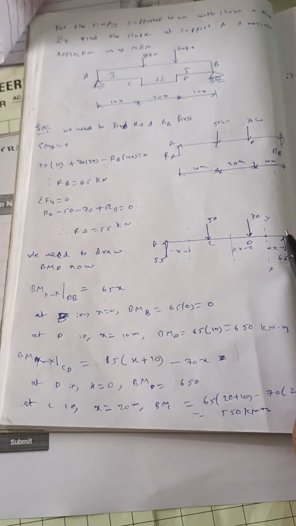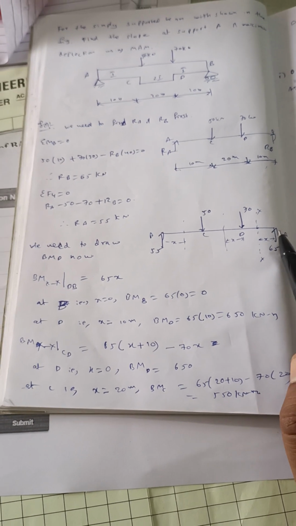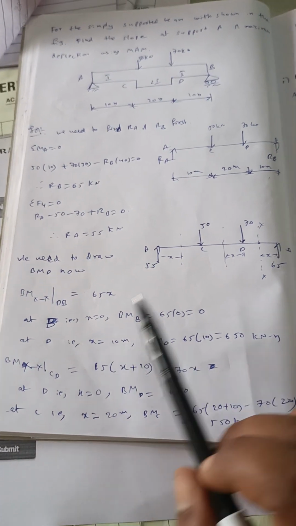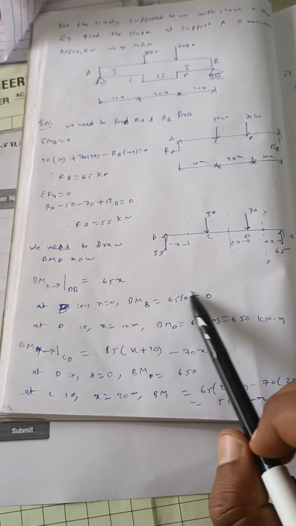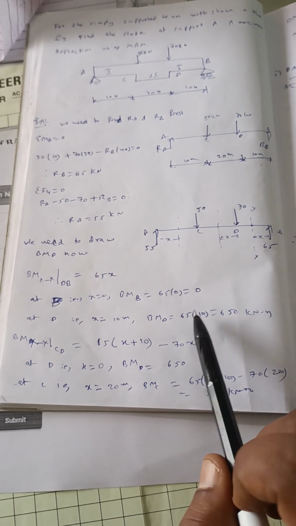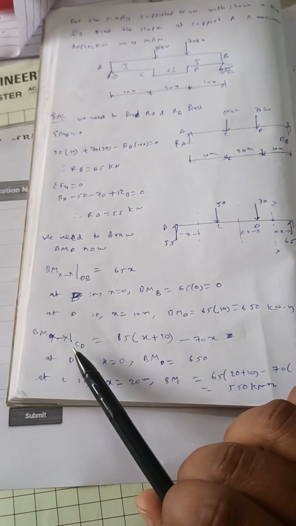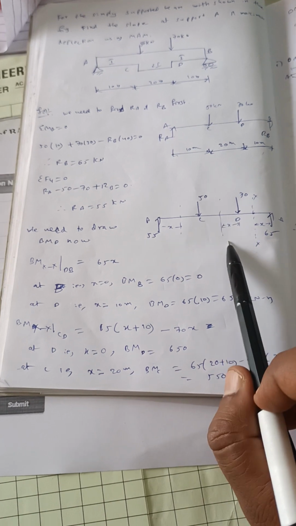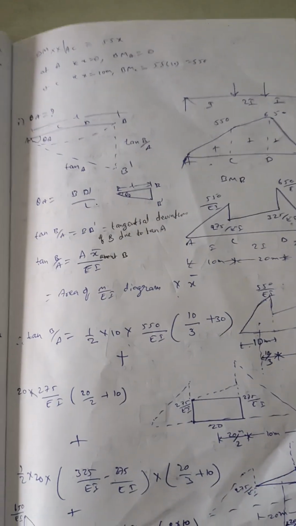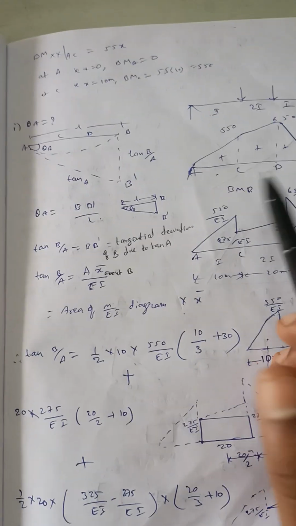Right side anti-clockwise, so we are coming from the opposite end, therefore plus 65x. At B, substitute x equal to 0, it is 0. At D, x equal to 10 meters, therefore 650. Next, I will take a section between C and A at a distance of x from D. In this way, we can calculate the bending moment values and draw the bending moment diagram.